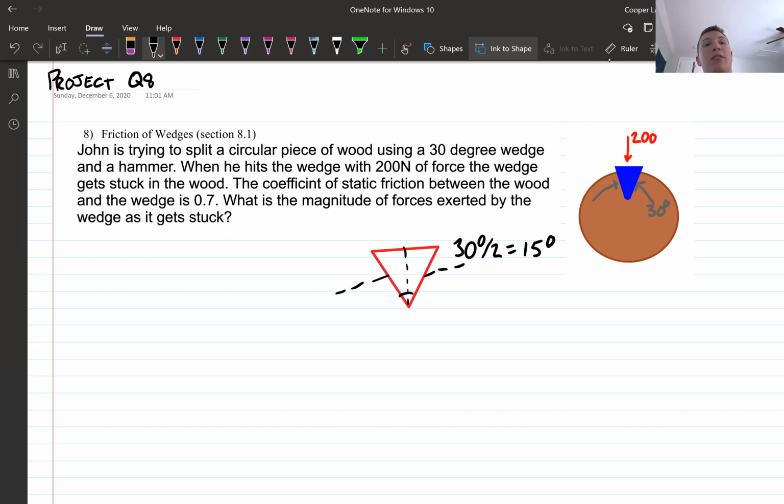Right now, the wood is still going to be applying a force at an angle, and we'll call it R sub 1 and R sub 2. Now, along with that, we also have a force of 200 coming down into it.